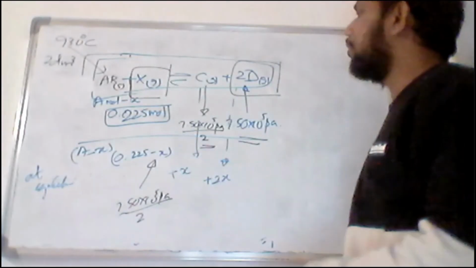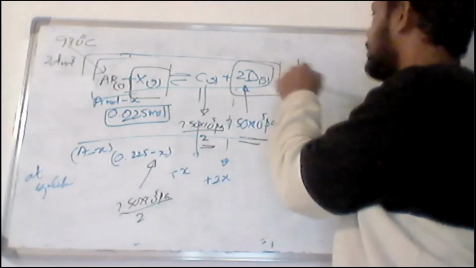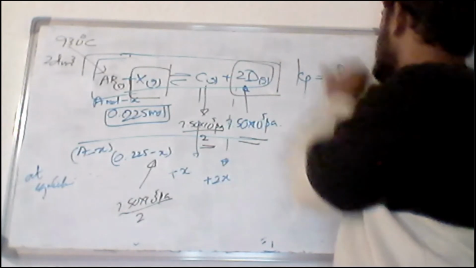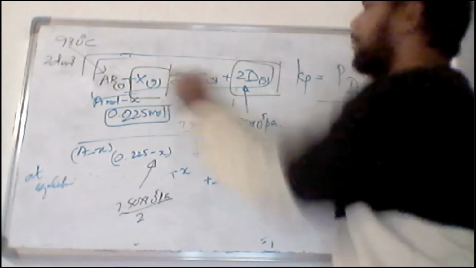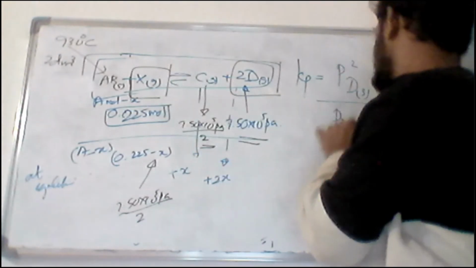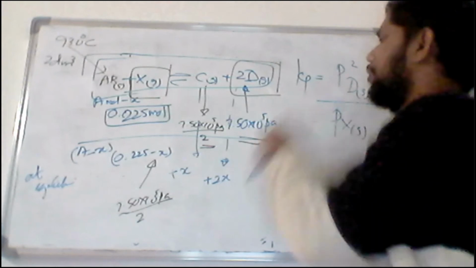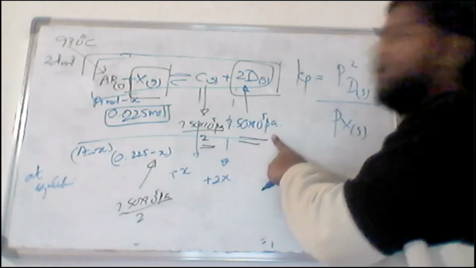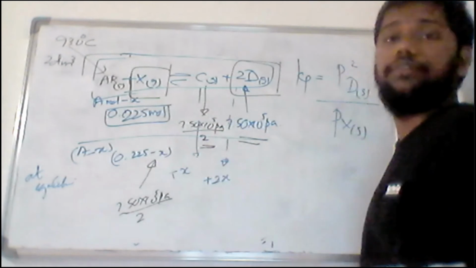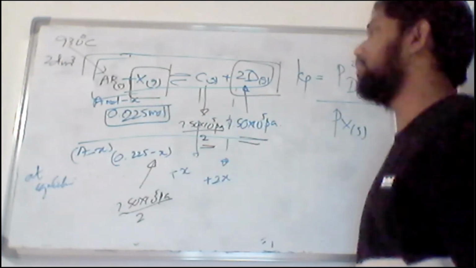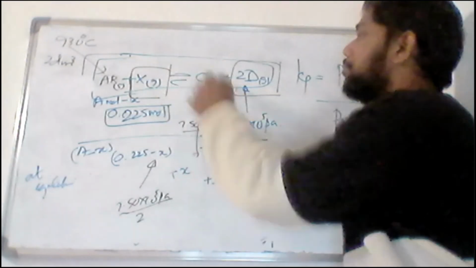Okay, so to find Kp here, my Kp expression will be partial pressure of D gas to the power 2 over partial pressure of X gas. That is important. But I know the partial pressure of D gas that they have already given. The only problem is to find the partial pressure of X gas. So how can I find it? The easiest way is this.